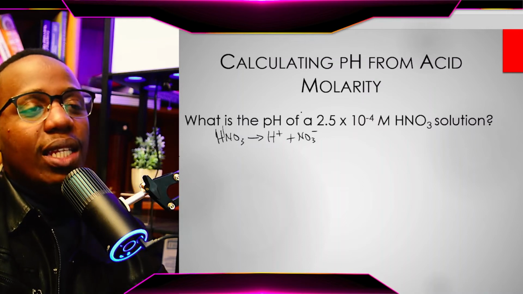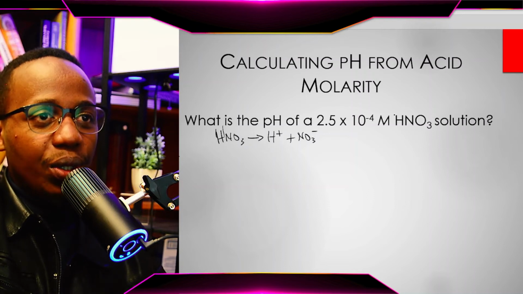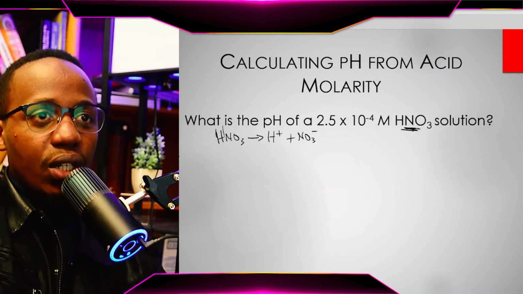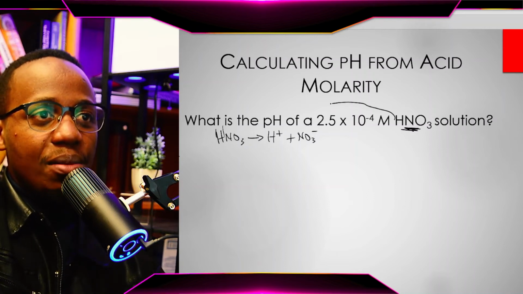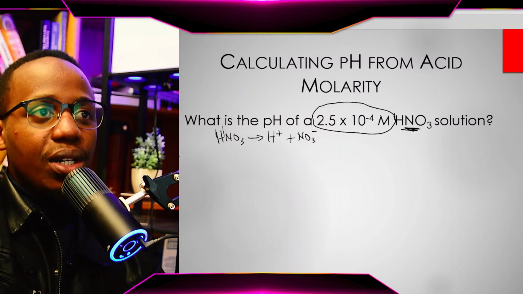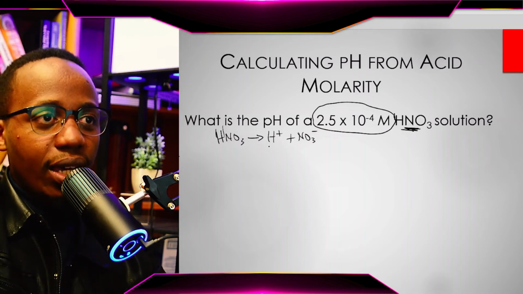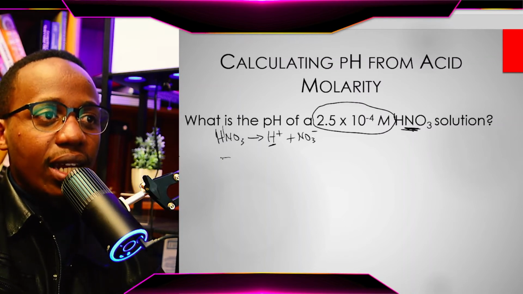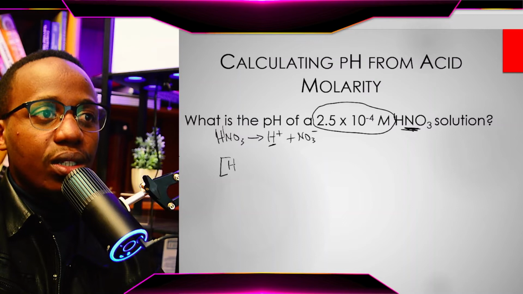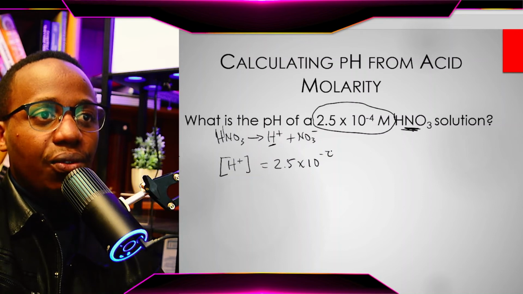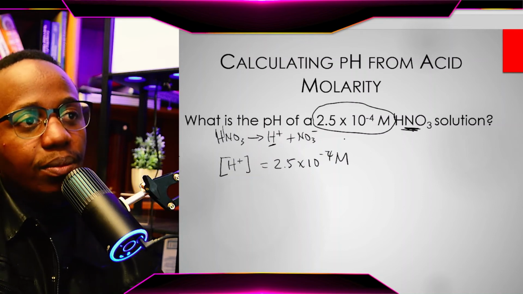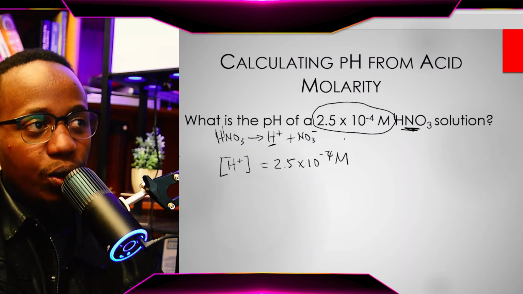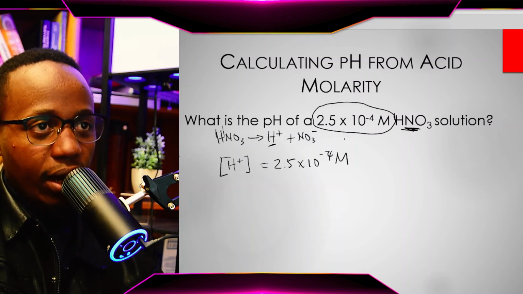You don't have to write down the equation, but this is showing you that the concentration of HNO3 is the same as the concentration of H plus. So this concentration that they gave you is the H plus concentration. The concentration of H plus is equal to 2.5 times 10 to the negative 4 molar. The concentration they already gave you.